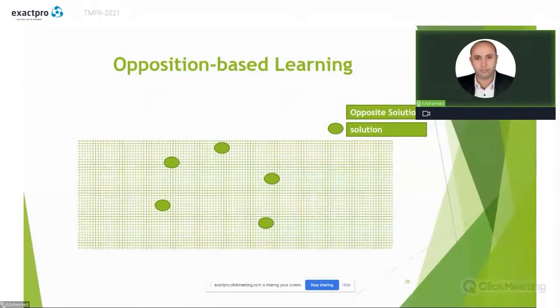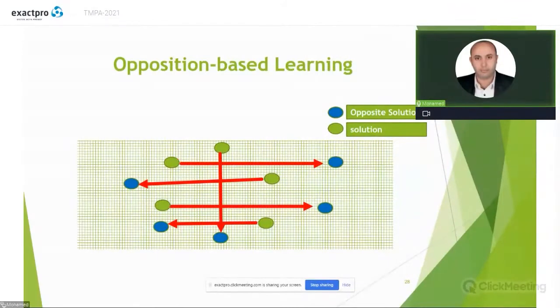To make this clearer, consider we have 5 solutions, and we want to determine whether each one is the best or its opposite is the best. So we compute the opposite for each of our solutions.